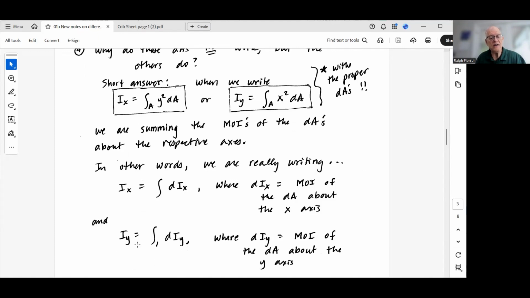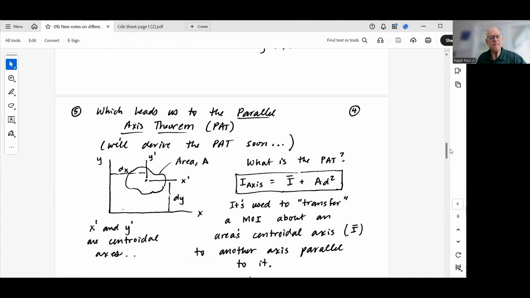And Iy is the integral of dIy, where dIy is the moment of inertia of the dA about the y-axis. These work for every dA, but they're complicated because you have to use the parallel axis theorem for your dA to get the dIx or the dIy. Hang on, it'll get clear here in a moment.